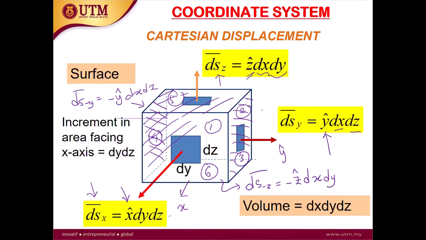And then the surface at the back along the negative x axis is ds minus x bar, equal to minus x, and then dy dz. This is how we express the surfaces of the cubic on the Cartesian coordinate. This knowledge is very important. Hopefully you can understand the concept.